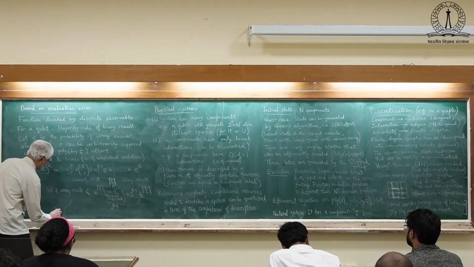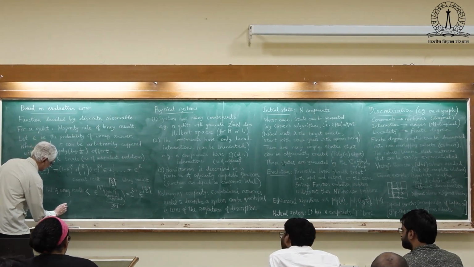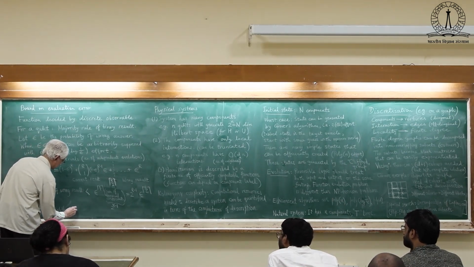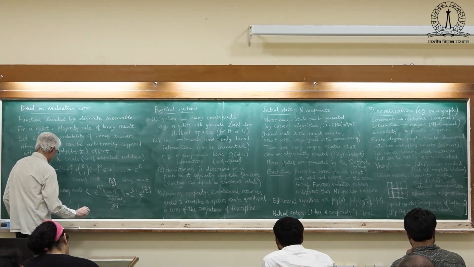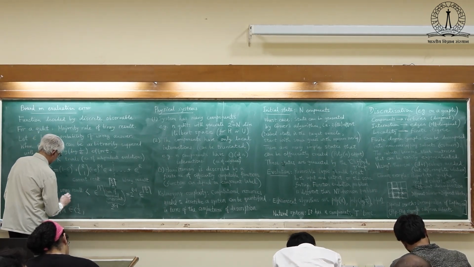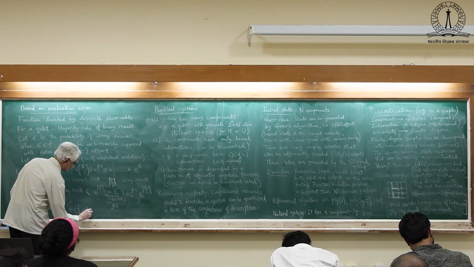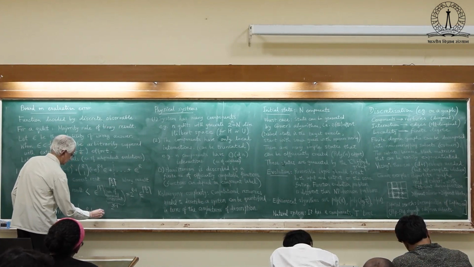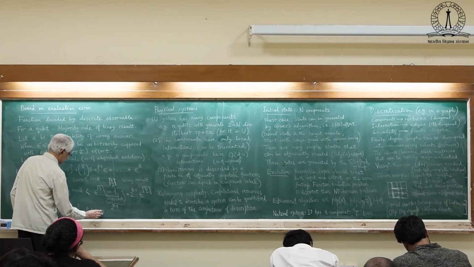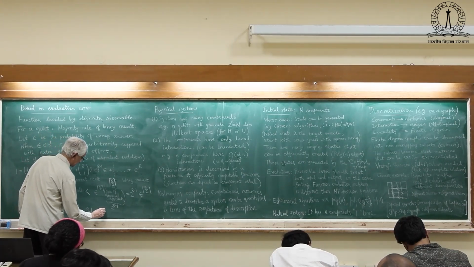So with epsilon less than half, this probability goes to 0, or not 0, but it can be made small.